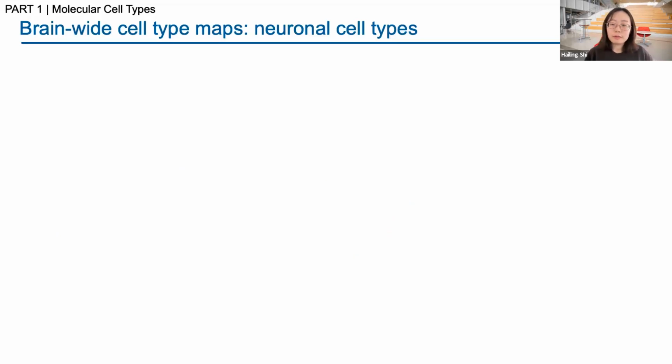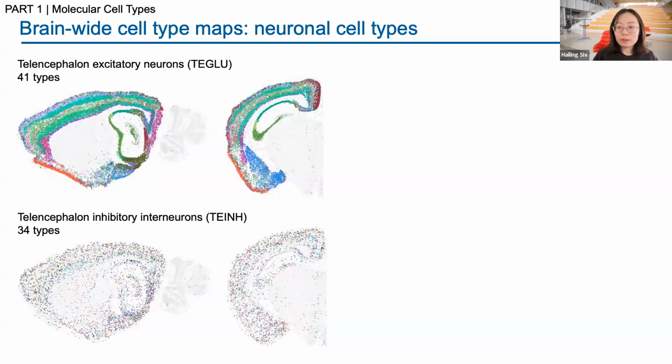Here we'll check a few spatial plots of the main cell types to see what we can learn from these molecular cell type maps. First are the examples from excitatory and inhibitory neurons in the telencephalon, including the cerebral cortex and striatum.